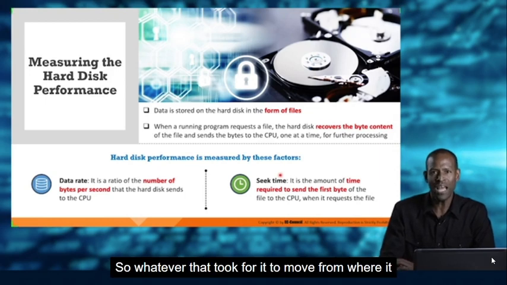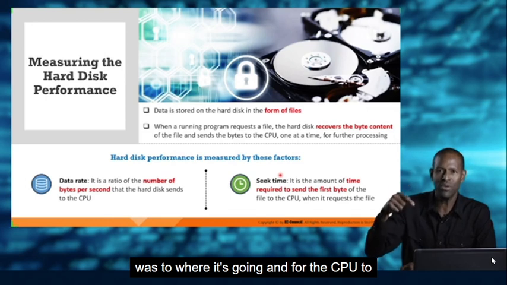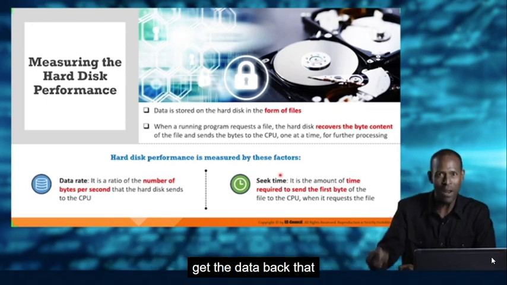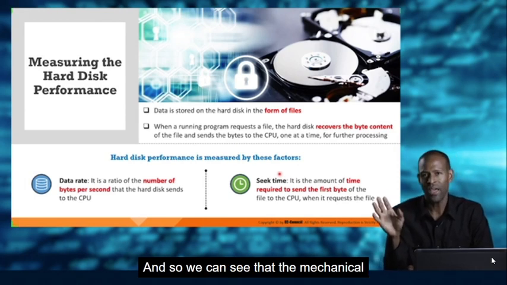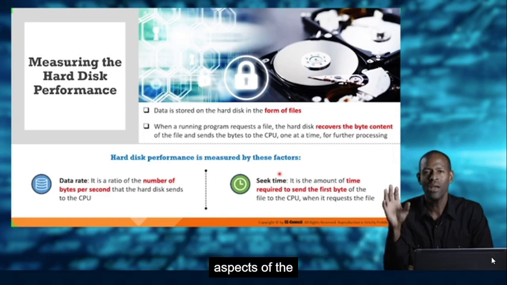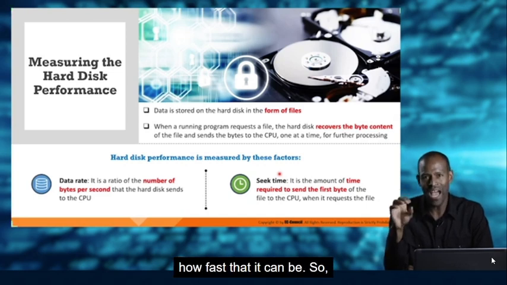So whatever that took for it to move from where it was to where it's going, and for the CPU to get the data back that it was seeking, all of that is in seek time. And so we can see that the mechanical aspects of the disk drive play the majority factor in how fast it can be.